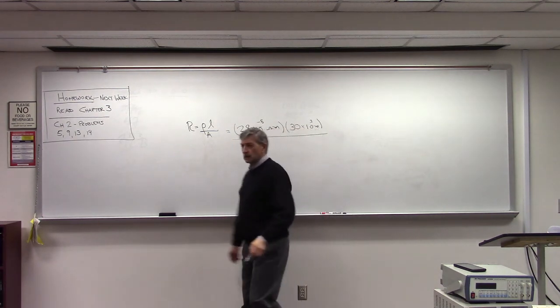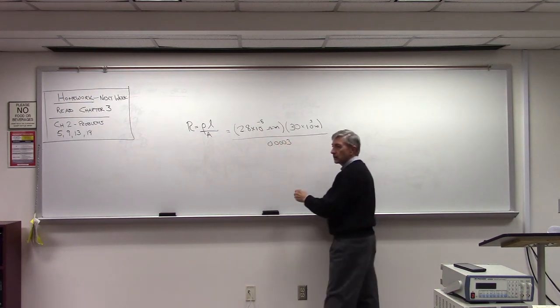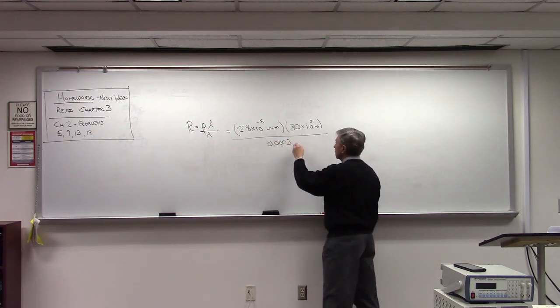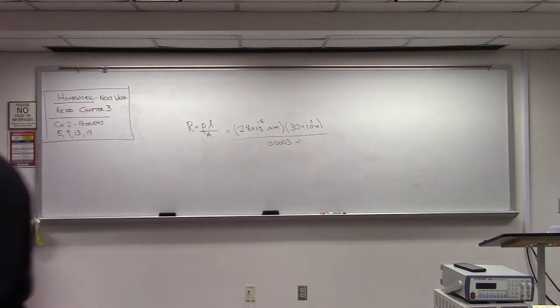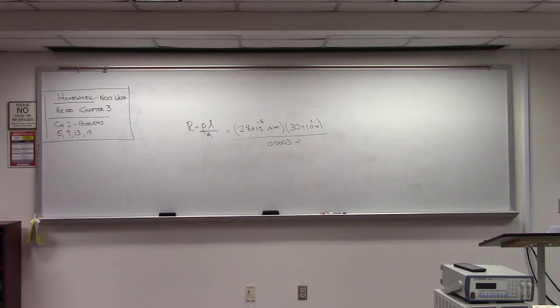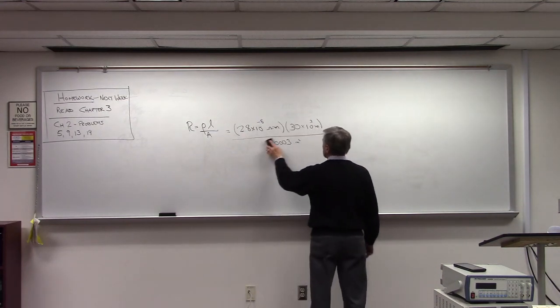What was the cross-sectional area? 0.0003 meters in diameter. Should be meters squared. Oh, that's the diameter. Okay, getting fancy.